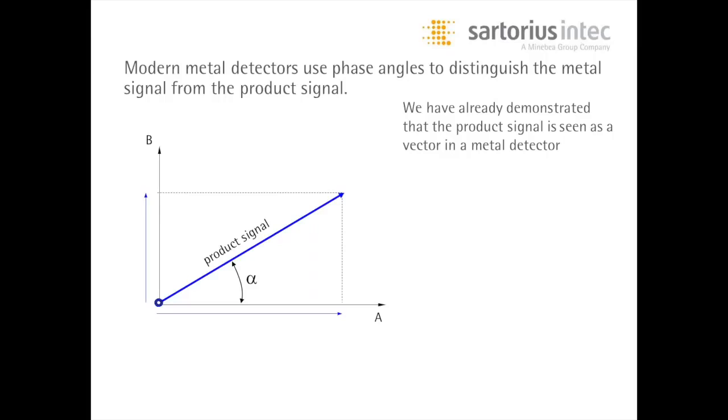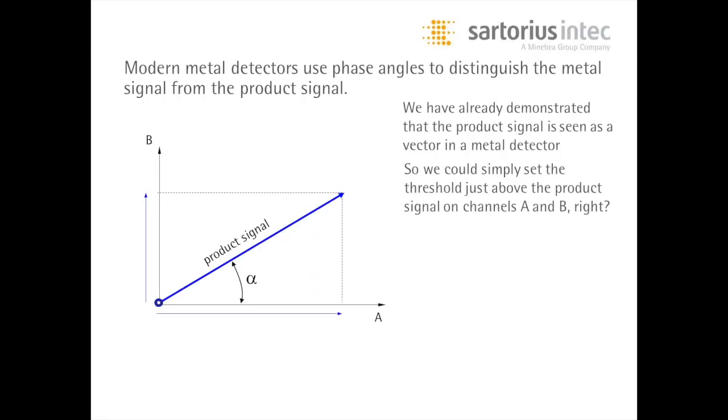So we've already demonstrated that the product signal is seen as a vector in a metal detector. And this is the same product signal we were looking at earlier. So we can simply set the threshold just above the product signals on channel A and channel B, right? This is channel B, so we can set a threshold here in channel A. Now the threshold is actually the sensitivity adjustment that you set in your metal detector.